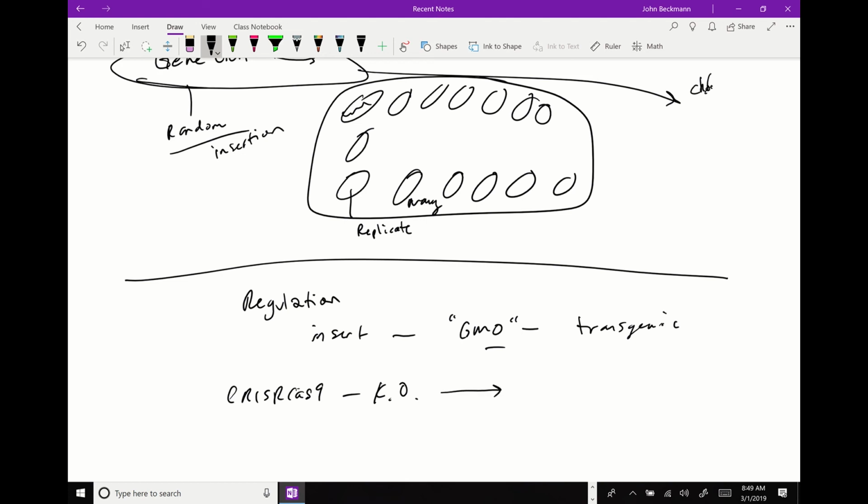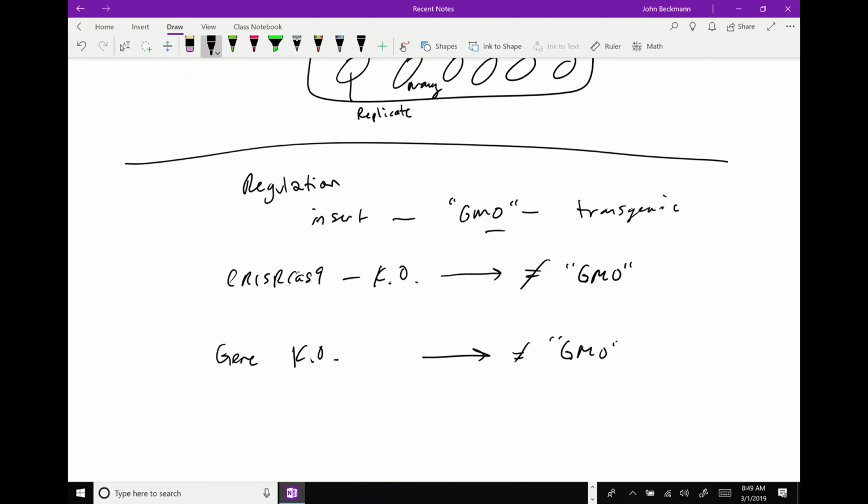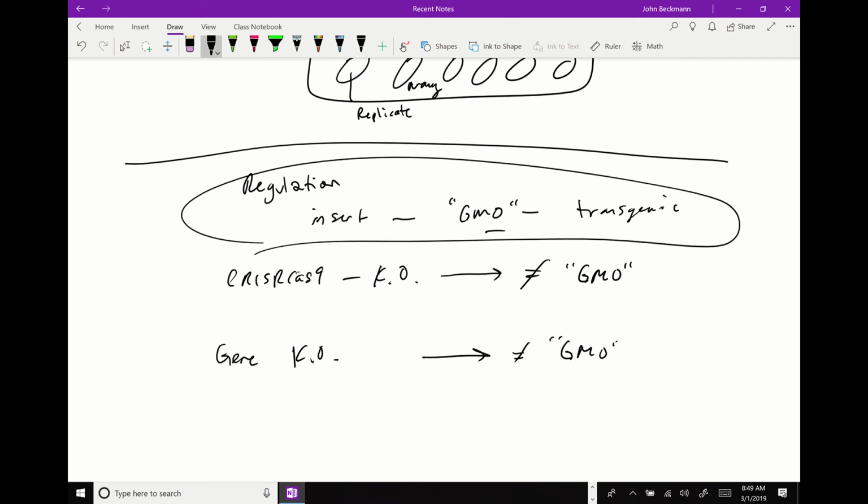So they do not consider that a GMO, okay? And if you use gene gun to do a knockout and you don't add in anything new, that's not a GMO. So even though you can manipulate or modify the DNA, it's not considered genetically modified unless you're adding something in. And that's that. Any questions?